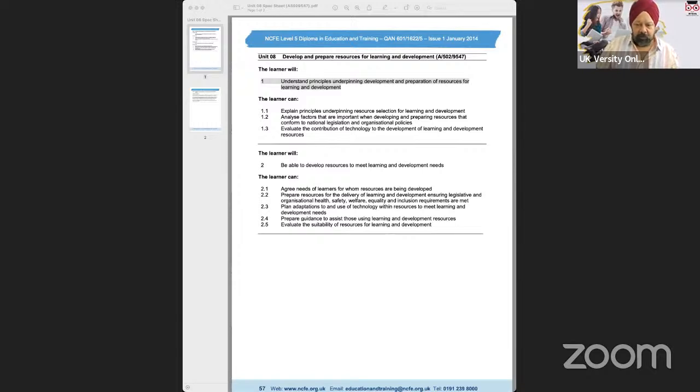Now, the most important part in terms of underpinning the principles for development is to look at preparing resources which are fit for purpose, taking into account various requirements of learners, both from the point of view of teaching and learning, but also from the point of view of instructional design. That is where we'll also look at some of the theoretical models which we covered in Learning Outcome 1.